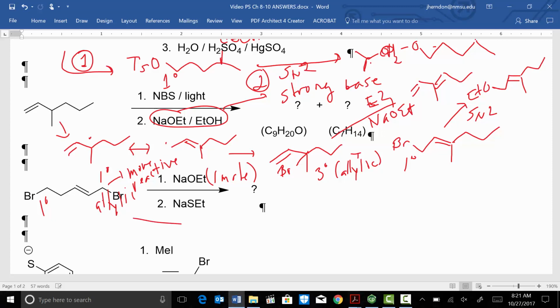Okay, so in step 1, we're very careful to add exactly 1 mole. We should get the OEt there. And in step 2, the remaining bromide is going to react with the other nucleophile that we add second.